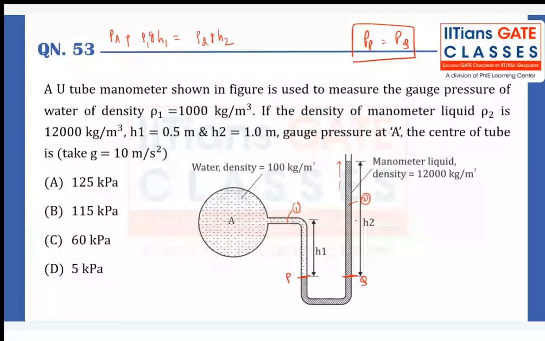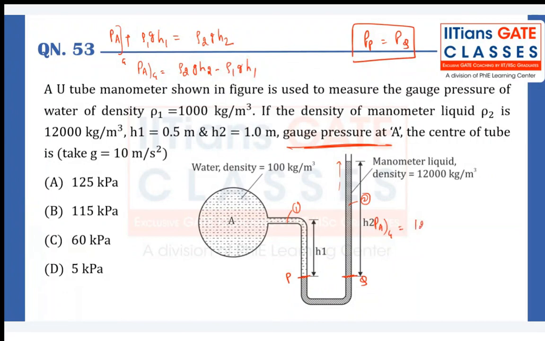Do not add anything about the atmospheric pressure because they are asking for gauge pressure. Gauge pressure means no need to add any atmospheric pressure, that is considered as zero. Now, what will be the gauge pressure then? Rho 2 G into H2 minus rho 1 G into H1. So PA gauge pressure will be rho 2. What is the rho 2?